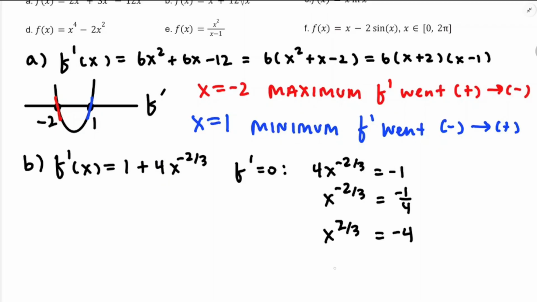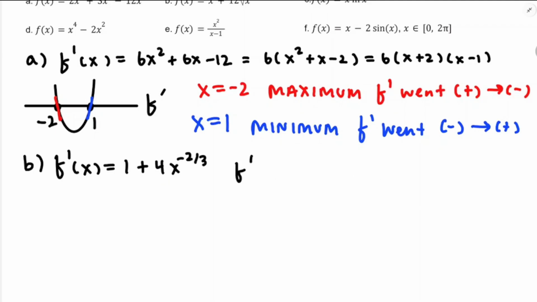I'm going to say that doesn't seem possible, because how would you take a number to the 2/3 power and get something that's negative? Let me think about that. Let's make sure I'm not missing anything. Yeah, that's not going to happen. Okay, no problem there. And then I don't have to worry about that anymore.